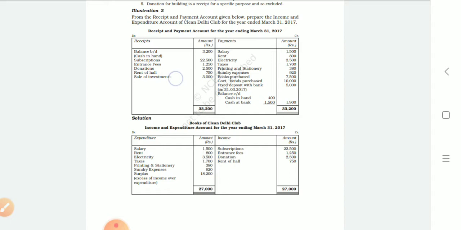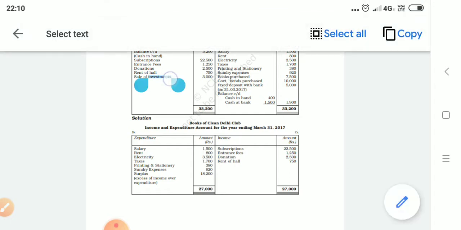Sale of investments, now you are a not-for-profit organization, your day-to-day activities will not involve sale of investment, and sale of investment is an asset, sale of asset. So it is capital in nature, it has to be deducted from the respective asset in the balance sheet. Of course, if these investments were sold at a profit, the profit would appear here.